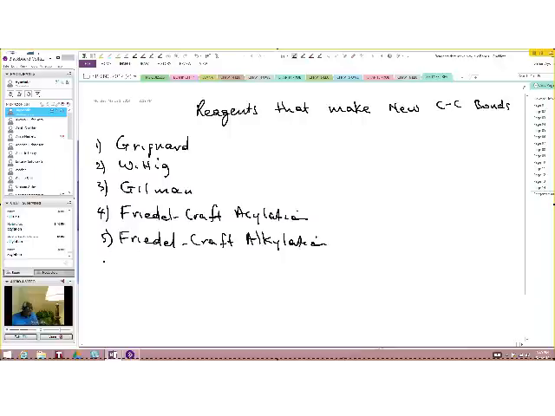Okay, some of you may not think about this, we could also have the nitrile, the carbon-nitrogen triple bond. When it acts as a nucleophile, you could also use that to form a new carbon-carbon bond.